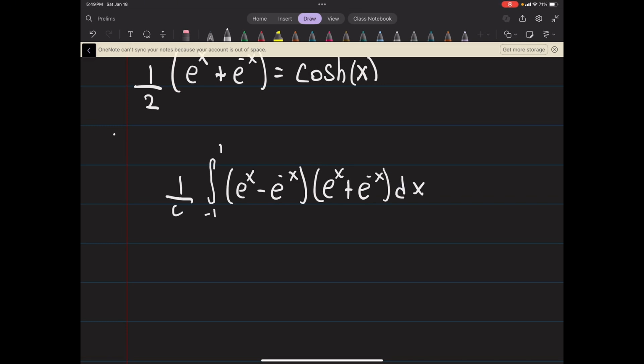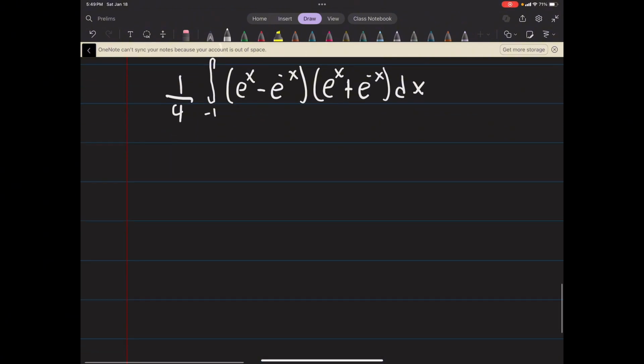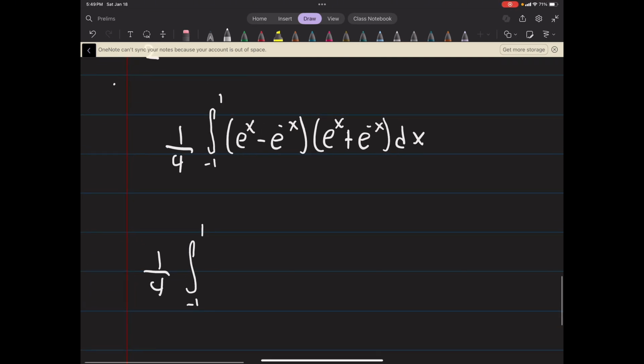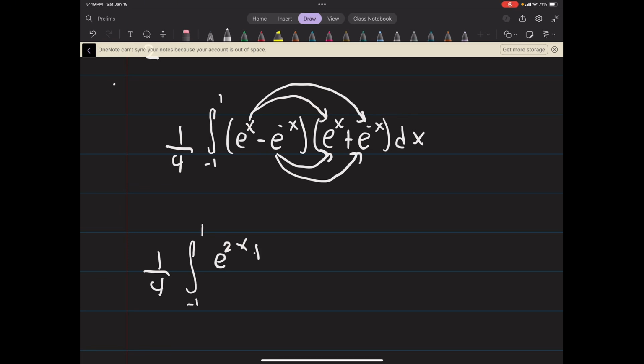And you'll have a 1/4 because there's a 1/2 attached to both sides. So if you were to distribute this out, you'll get an e to the 2x, this is 1, but then that is minus 1, so that's just going to be 0, and then plus e to the minus 2x dx.